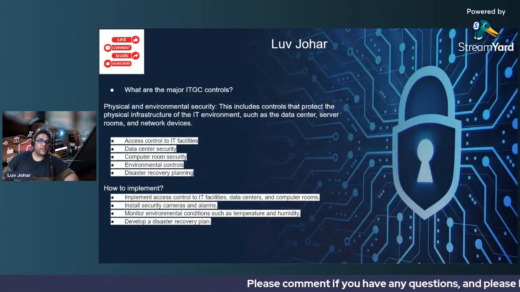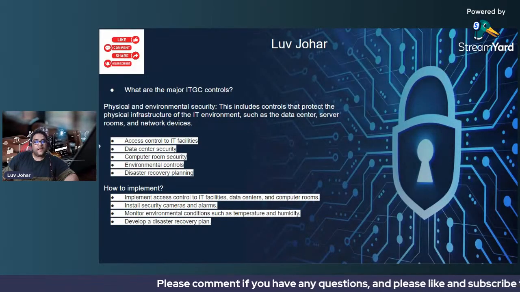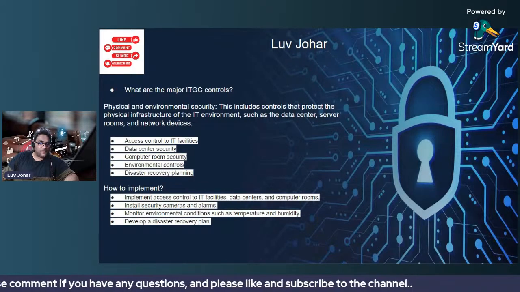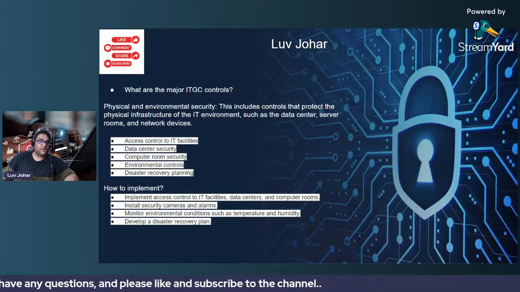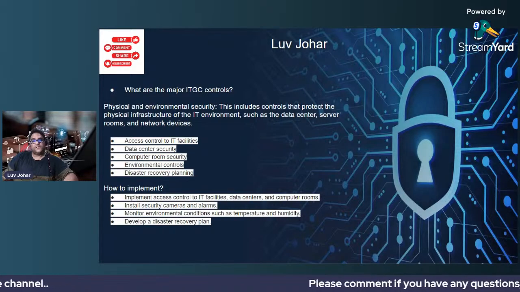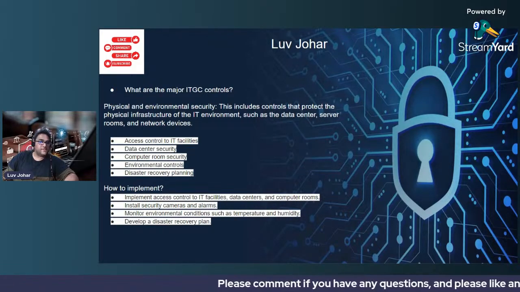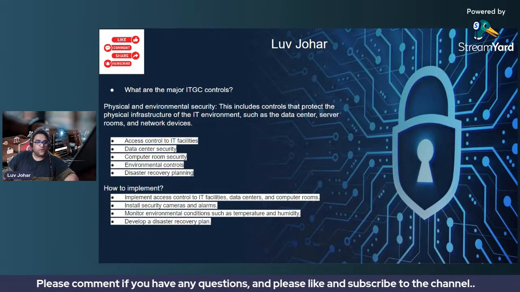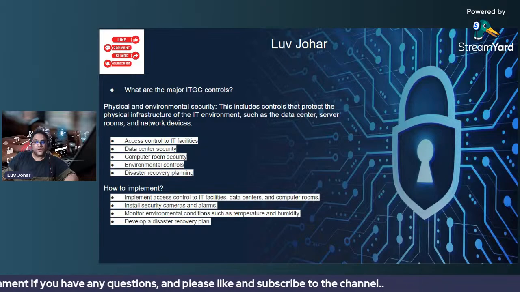Okay, so what do we understand by physical and environmental security? Physical and environmental security includes simply the controls that protect the physical infrastructure of your IT environment, such as your data center, your server rooms, your network devices, your communication devices, and things like that. So access control to your IT facilities plays a crucial role here.